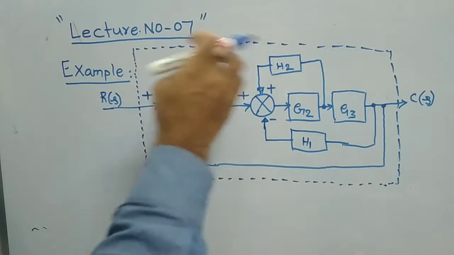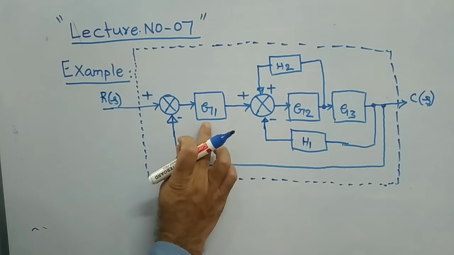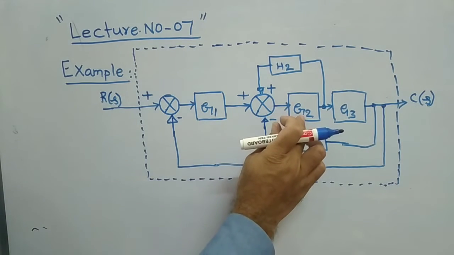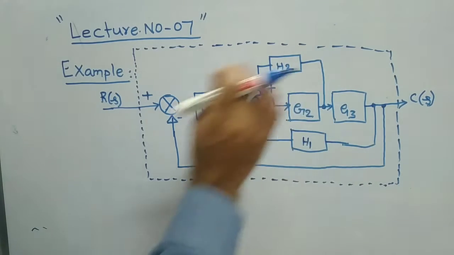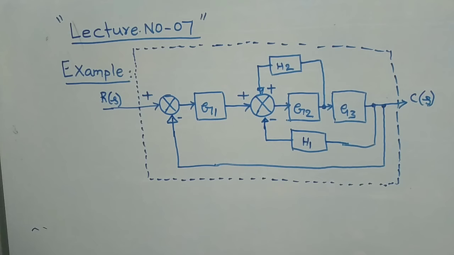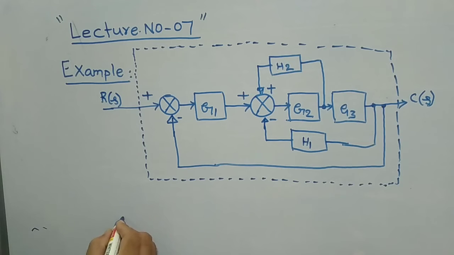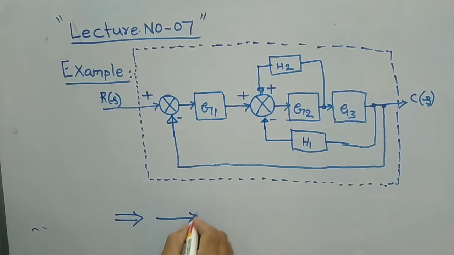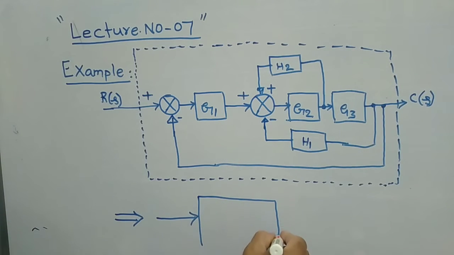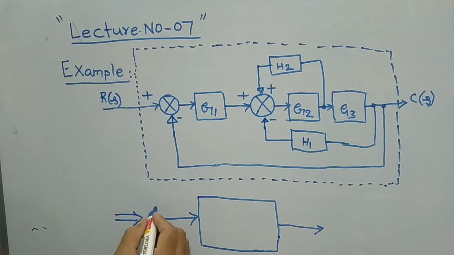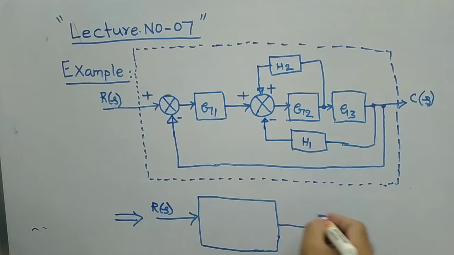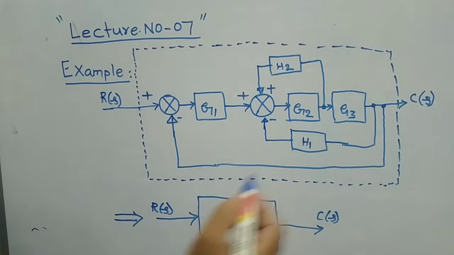How many blocks are there in the given problem? This is the first block, second, third, fourth, fifth block. There are 5 blocks. All these 5 shall be reduced so that you have only one box, with R of S as input and C of S as output, and this is your transfer function.